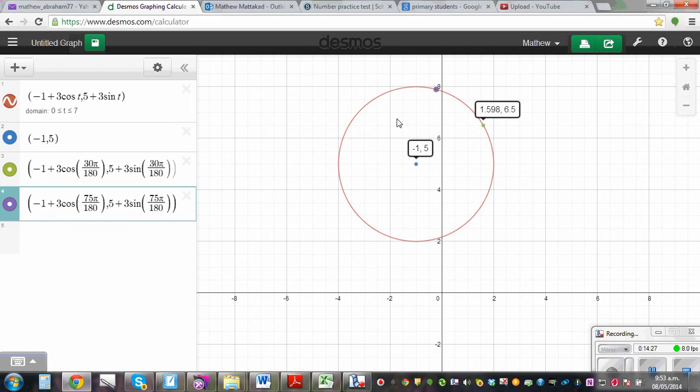So this is this point, and it does make sense. Okay, so the x coordinate is this, and the y coordinate is this. This exact point when a particle has moved 75 degrees.